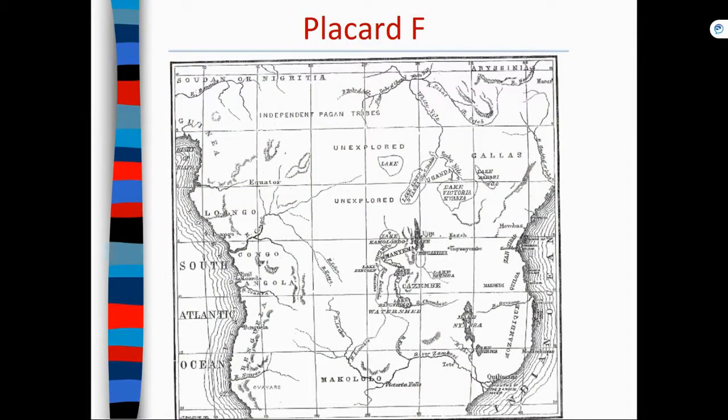Placard F. A sketch map of Central Africa showing Dr. Livingstone's exploration.